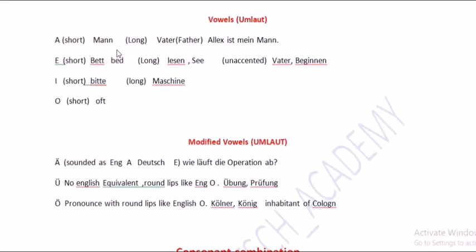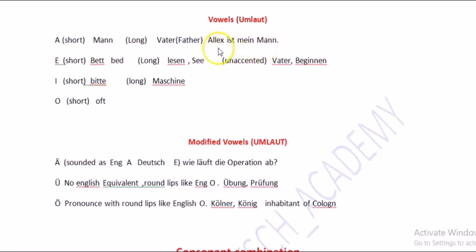For example, when it is used in a word, here we have the word man. Here it is shortly pronounced, and in the word Vater it is a bit longer pronounced. Man means husband. For example, a woman says that Alex is my man, Alex is my husband.